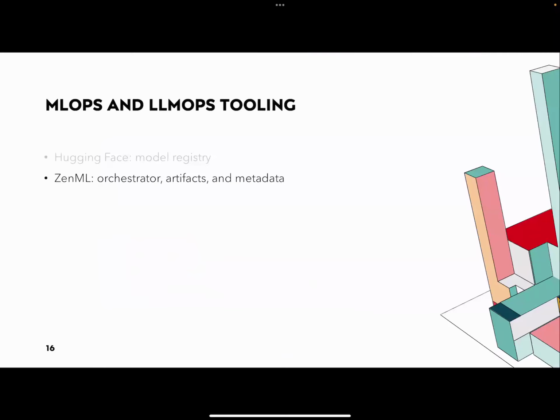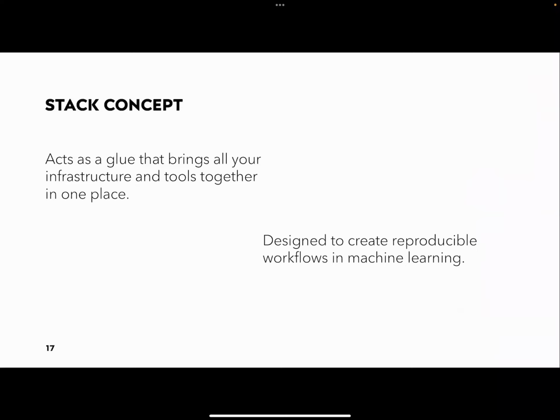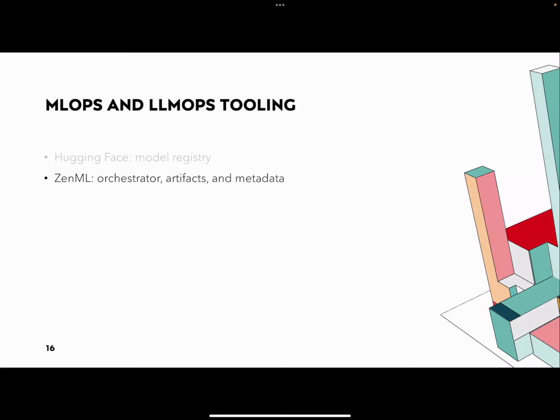So then they talked about ZenML, and ZenML served the function of orchestration, artifacts, and metadata, which I'm going to go through what each one of those mean. But ZenML has this concept. So what is it? What is it doing? It's basically managing your pipeline.